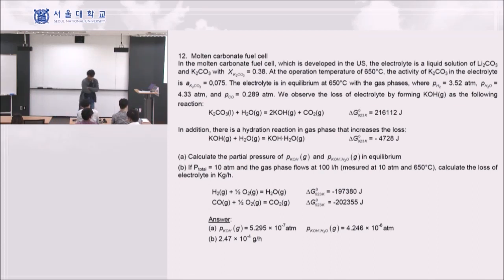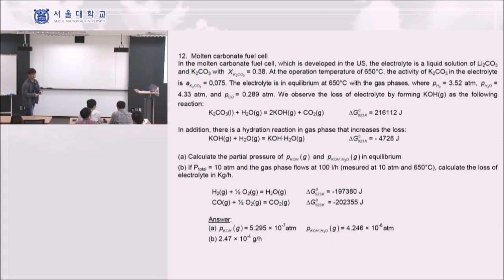This is one of the real problems we encountered in the 1980s when we really applied the so-called molten carbonate fuel cell. This is one of the fuel cells which is commercialized so far. You've probably heard a lot about the oxide fuel cell.